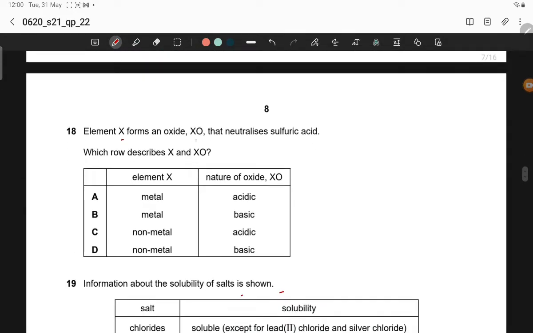Question number 18. Element X forms an oxide that neutralizes sulfuric acid. If it neutralizes sulfuric acid, then it must be basic oxide or amphoteric oxide.